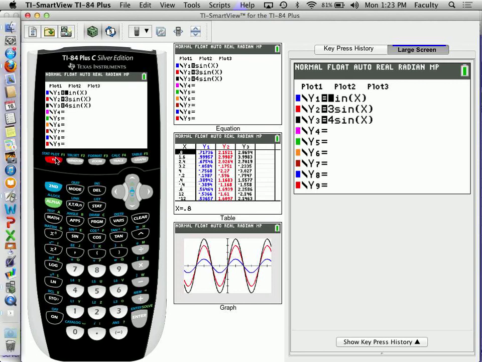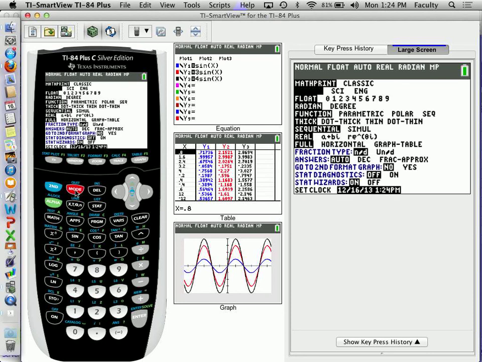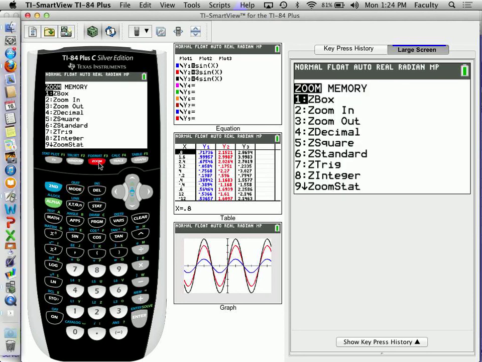Y sub 2, let's do 3 sine x. And in y sub 3, let's do 4 sine x. Now if it's asking for negative 2 pi to 2 pi, we want this to be in radians. Okay, we definitely want this to be in radians. So check your mode. And then let's do zoom trig.